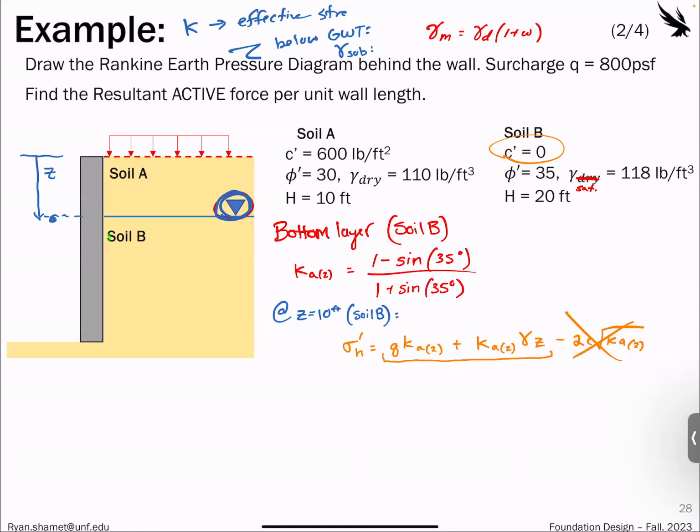And essentially that's a shortcut in calculating the effective stress in these cases where you're below the groundwater table. So in this case, the unit weight is going to be a unit weight prime or submerged unit weight. It's also sometimes shown gamma sub. So that would be 118 minus 62.4 pounds per cubic foot. And that would equal, I don't have the value, but you could do that math.